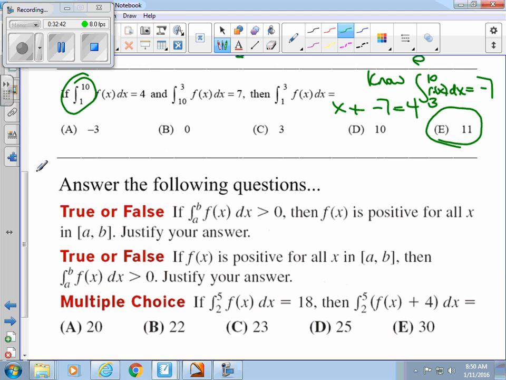True or false? If the integral from a to b is greater than 0, then f of x is positive for all values. Quick vote. How many of you vote true?